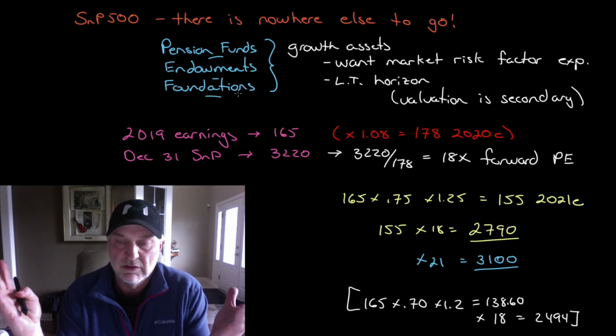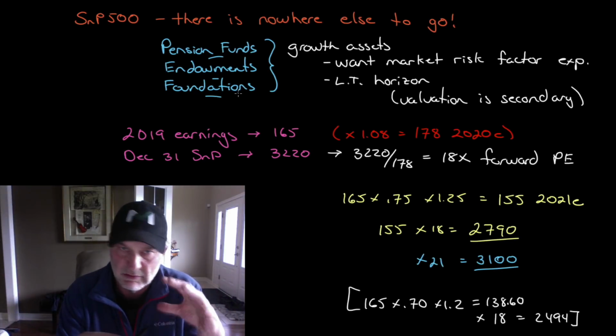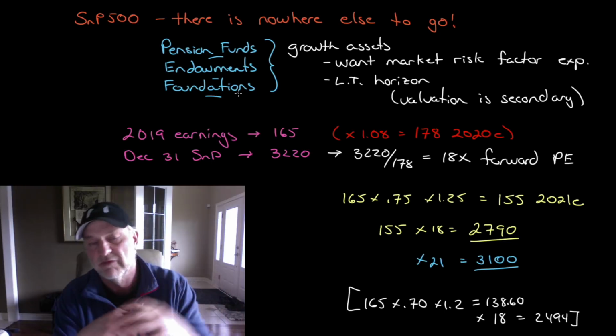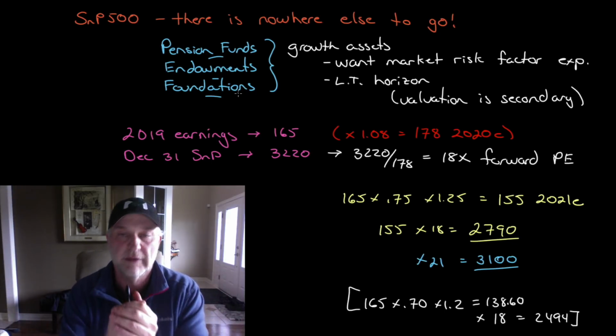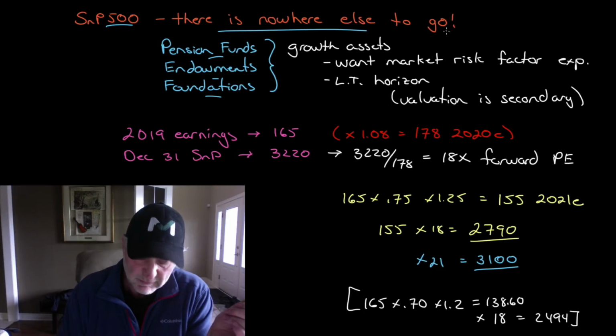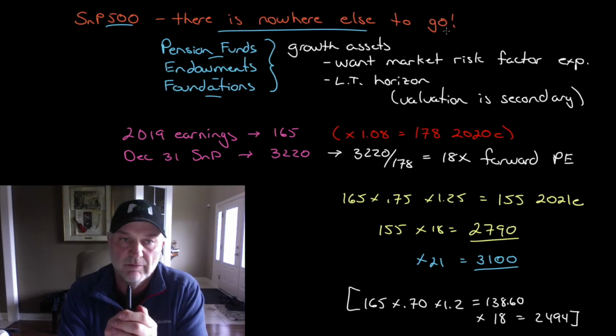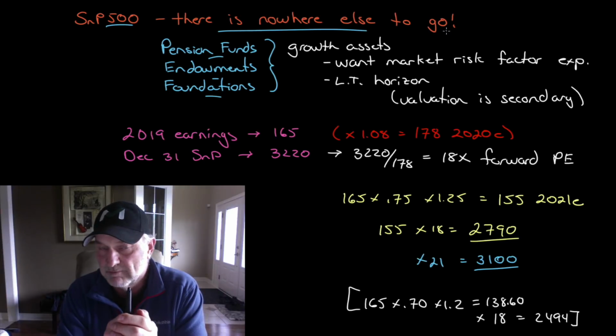Look, there's no yield in bonds, and many of them can't go into high yield bonds. It's part of their IPS. So investment grade bonds, you're not going to get any yield there. The theme for the S&P 500: there's nowhere else to go. Where are you going to go? If you're an institutional investor and you need exposure to growth assets, it's equities or private equity.